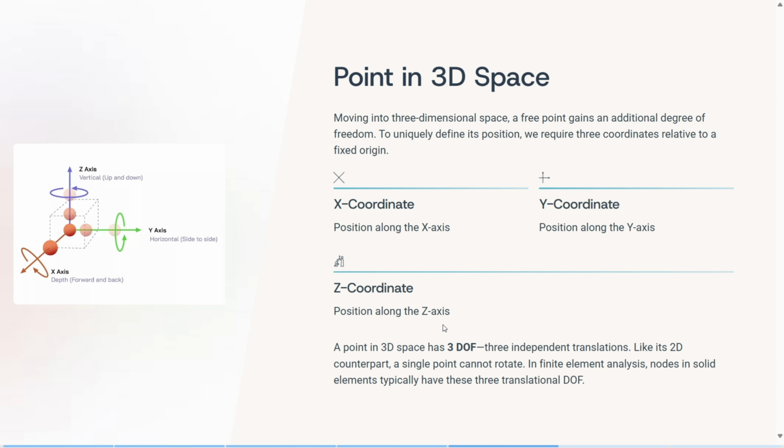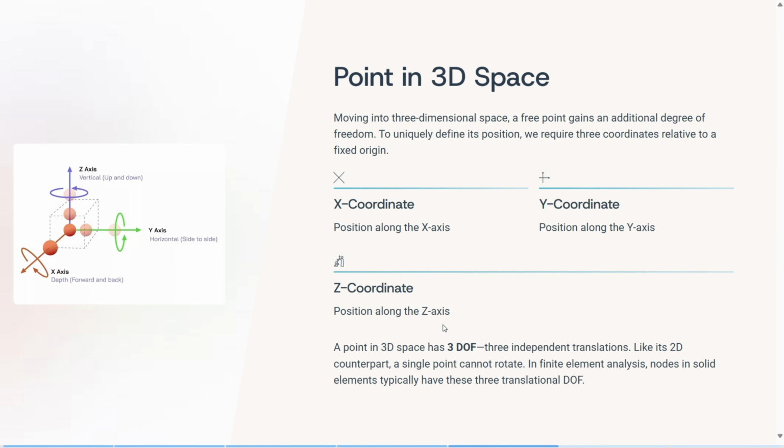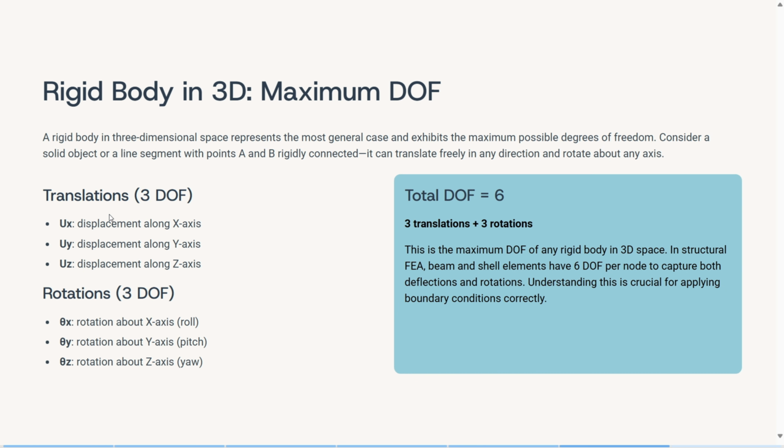Right? And the next thing, a rigid body in 3D. Like we have a box, and within this we put a toy. If we put a toy inside the box, the toy can rotate, correct? A rigid body in 3-dimensional space represents the most general case and exhibits the maximum possible degrees of freedom.